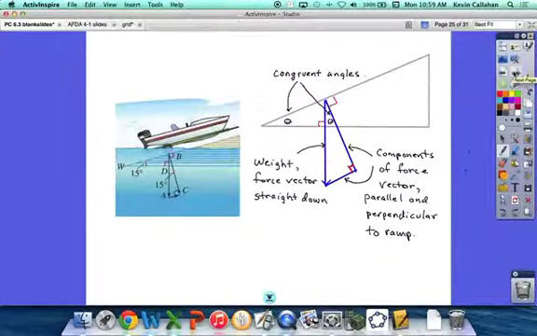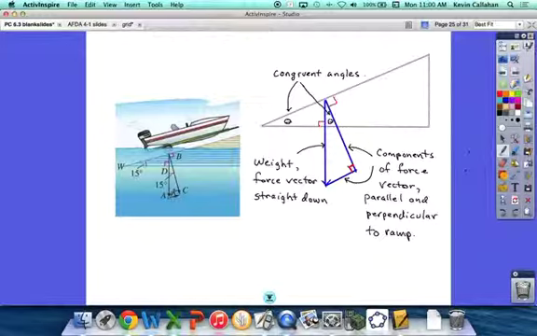So before we do the problem, I just want to set up the geometry a little bit on the next slide. Right? When you're looking at this kind of picture, what you should be noticing here is that the weight of the boat and the trailer is this line right here. Weight is a force vector, right?